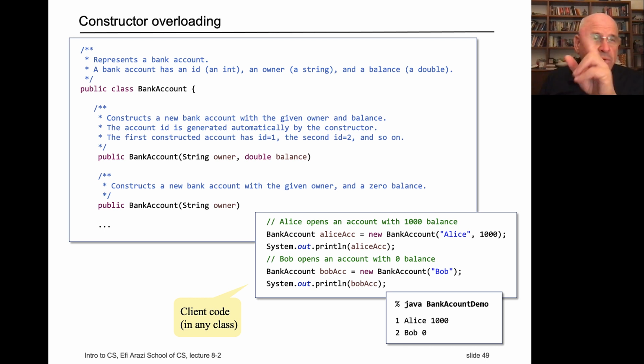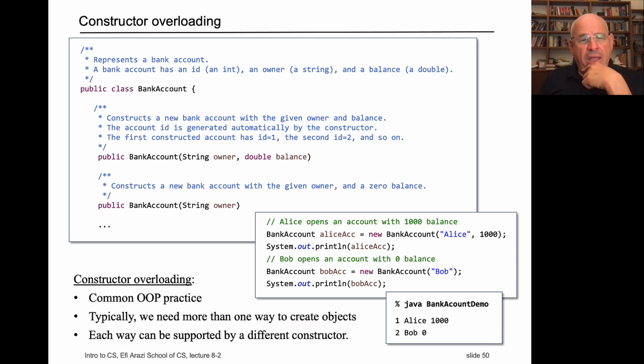In this case, in 2 different ways. So constructor overloading is very typical in object-oriented programming. You typically have several constructors, and they all have different signatures, and that's how the compiler knows which constructor we are talking about.